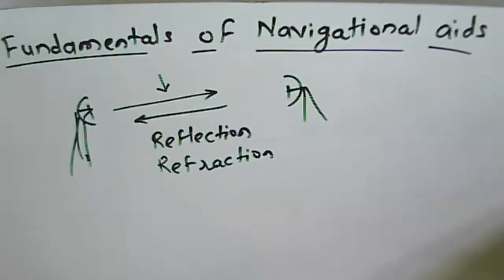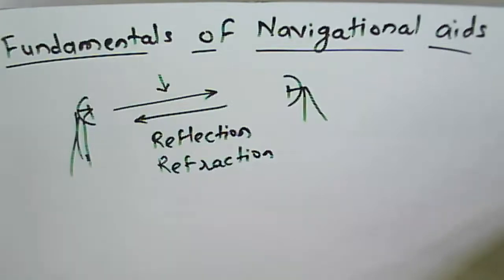Your signal is propagating from a ground station to the sky or to a satellite. In the atmosphere there is a different ionization density, so in daytime and night time that density decreases or increases, depending on how the sun's rays act on that ionization layer.